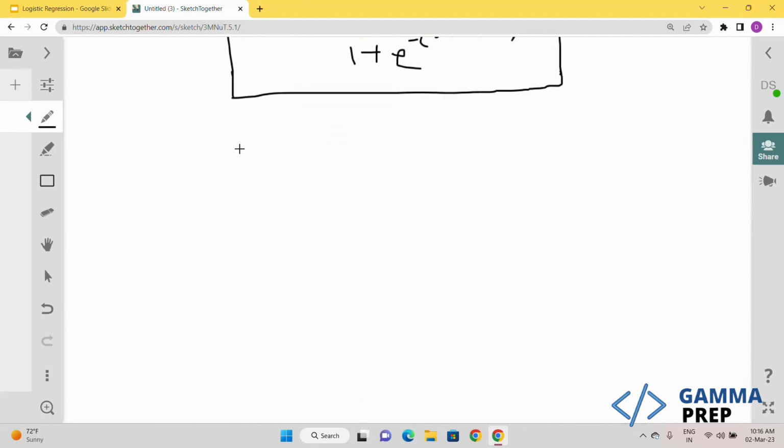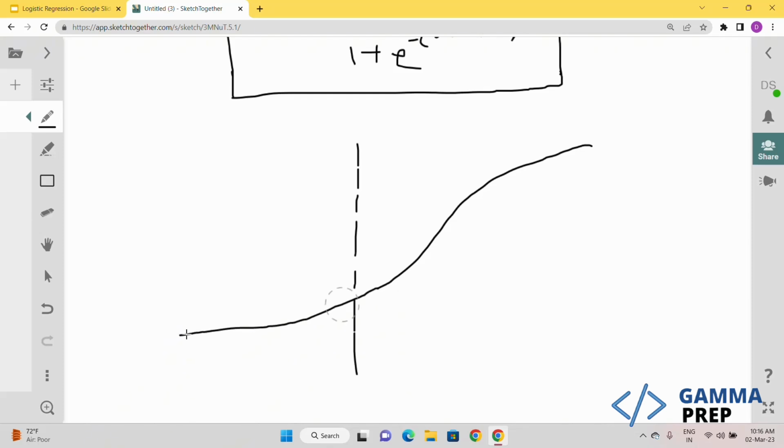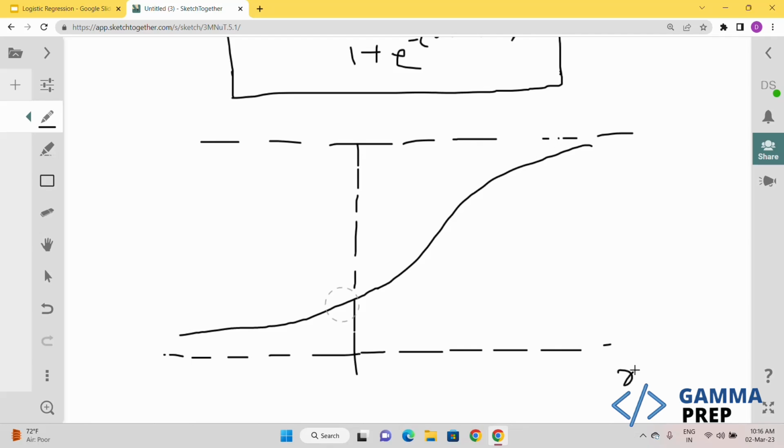So basically what happens is your P is going to be in this way. Whatever your x is, your y will always be in the range 0 to 1, like this. So this is basically the sigmoid function.